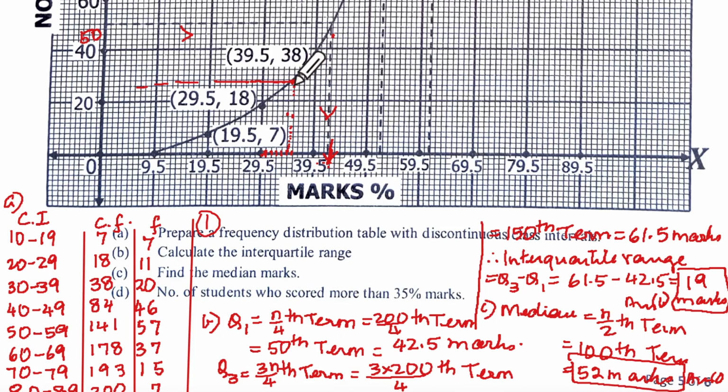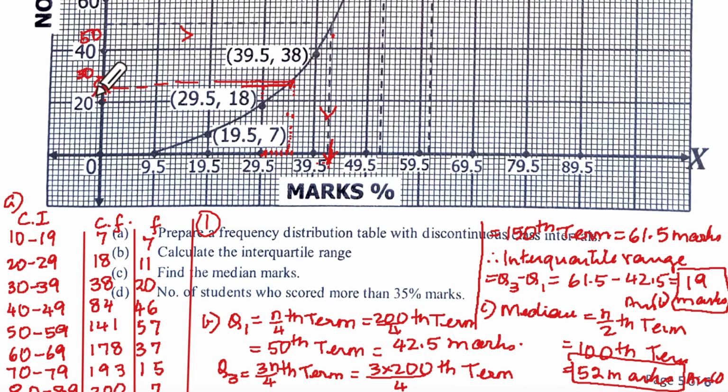So it will be somewhere here. That means I'll have to take this one, correct? From here 1, 2, 3 lines, so it is 3 lines. So 4 and 5 lines. This is your 30.